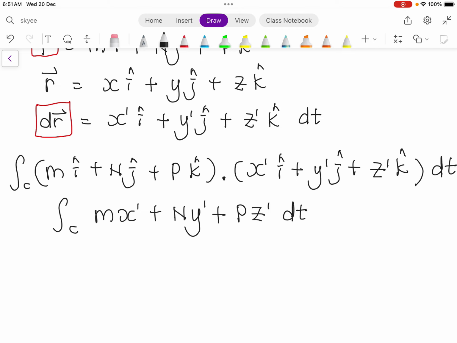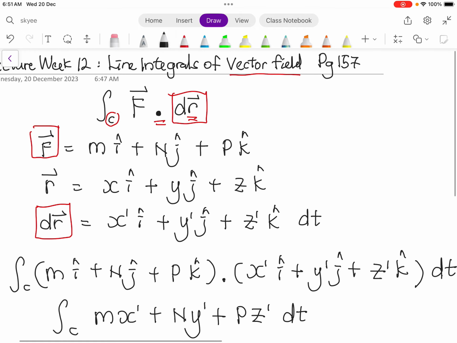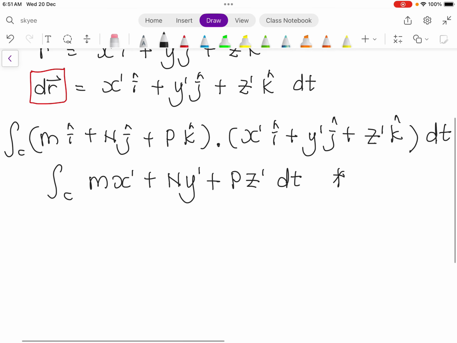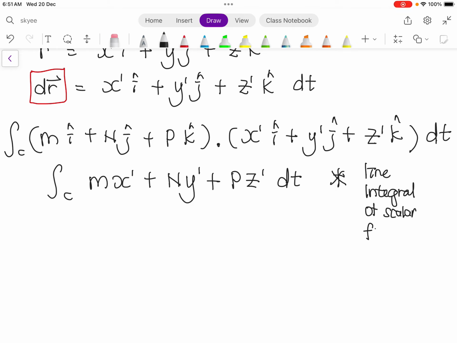So you already transform the line integral of vector field into the line integral of scalar field. The process to solve it will be the same as what we have learned previously about how to solve the line integrals of scalar field.